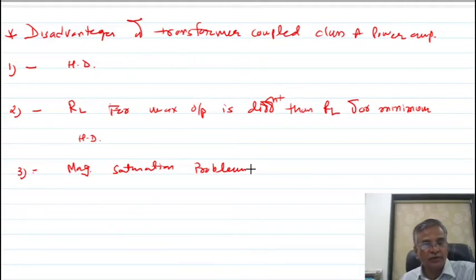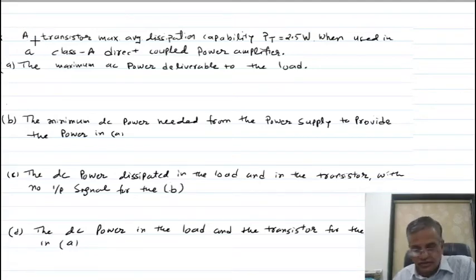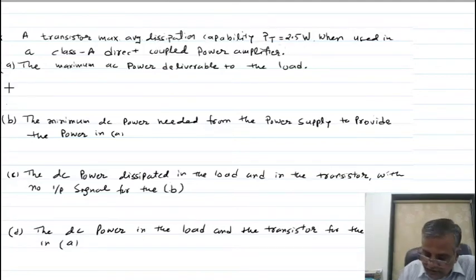Before going to the push-pull amplifier, let us see two numericals. Let us see the basic numerical. See the question. A transistor's maximum average power dissipation capability PT is given. PT is 2.5 watt.